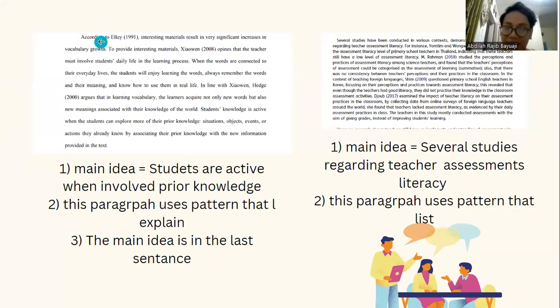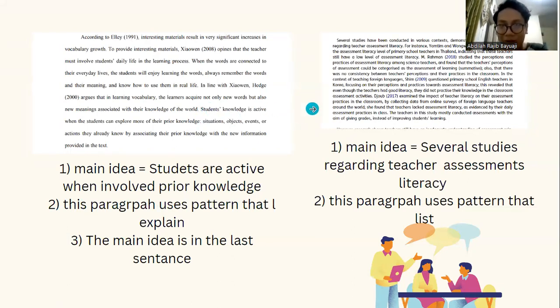Those are the details, the supporting sentences for the main idea. And the main idea is the last sentence: students' knowledge is active when the students can explore more of their prior knowledge. Yeah, that is the interesting thing about the first article.